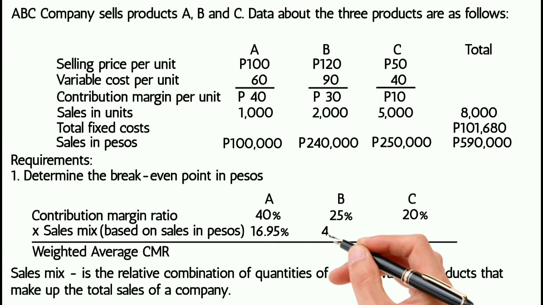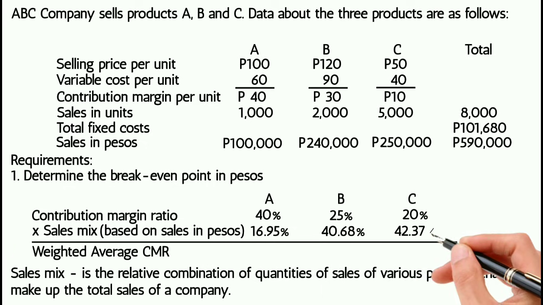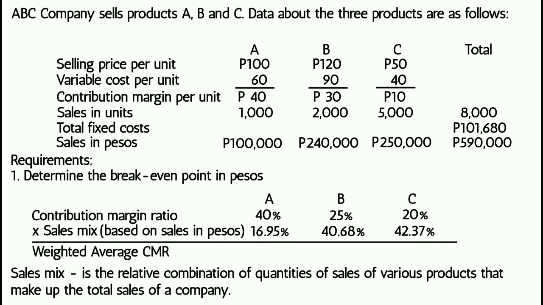That is equal to 40.68%. For product C, 250,000 pesos divided by 590,000 pesos. That is equal to 42.37%.